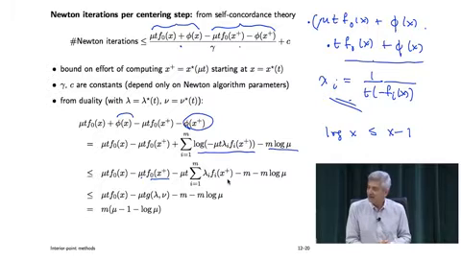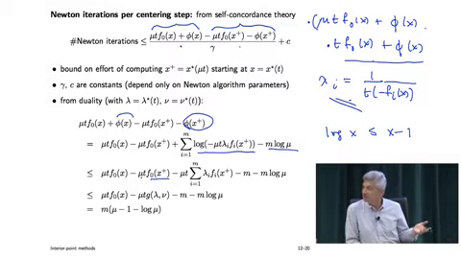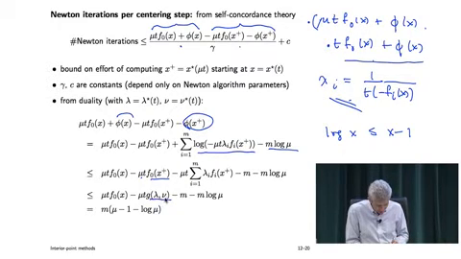And you say, oh, hey, that is the Lagrangian evaluated at x plus, right? And that has to be less than or equal to the dual function there, because that is the minimum of this over all x.